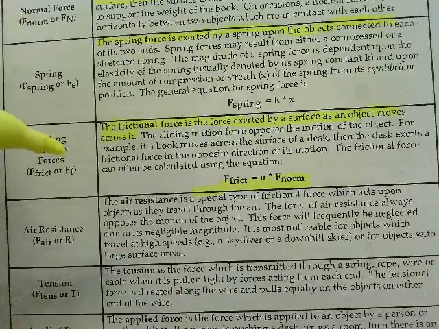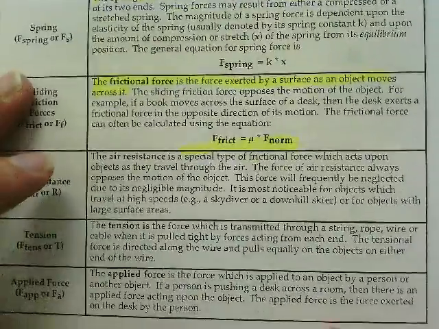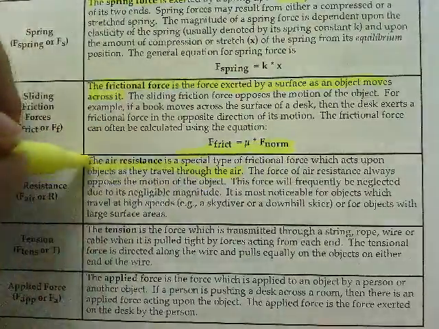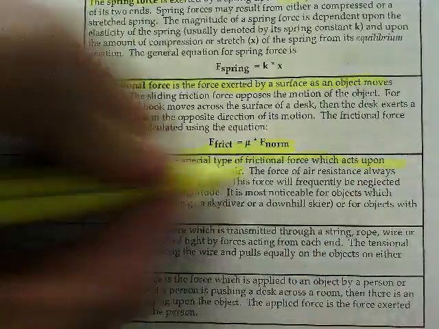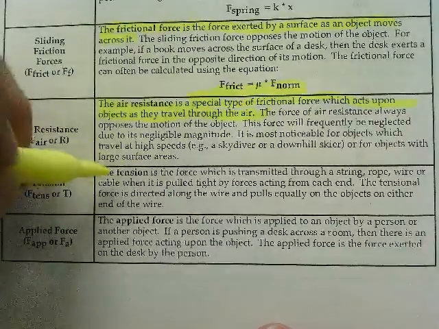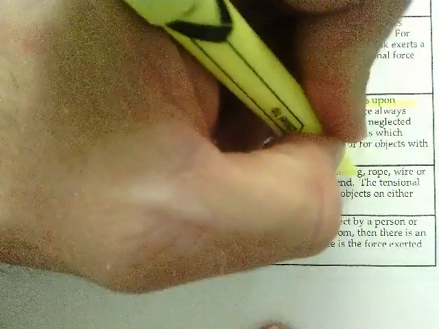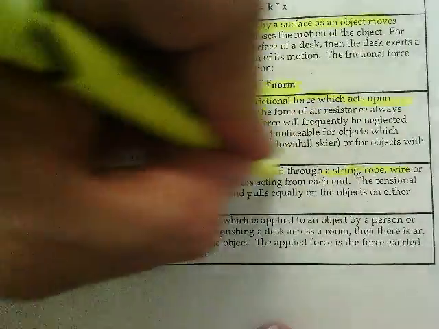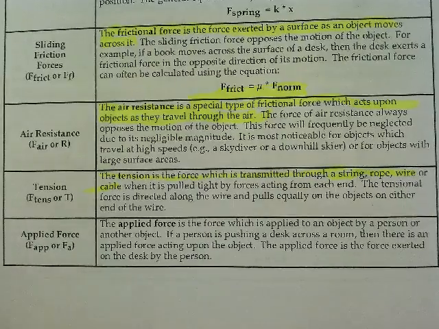All right, air resistance is a type of friction caused by air. So that's air resistance, the force of air. All right, tension: force transmitted through a string, rope, wire, or cable when it's pulled tight.